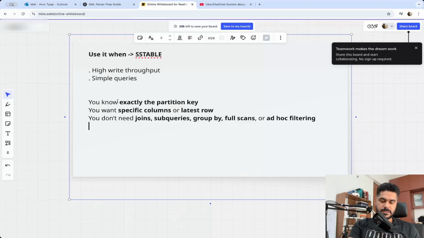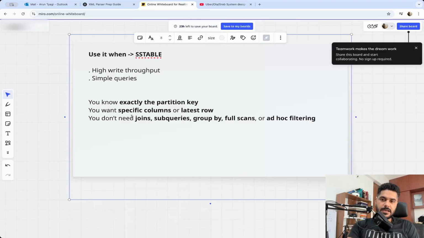Simple queries means, first thing, this is a must have: you should exactly know for which partition key you are querying. It means you cannot query like, I want all the users where age is greater than X. That means you ignored the partition key and you simply want to filter from all the users. Those kinds of queries, these DBs will never be able to perform.